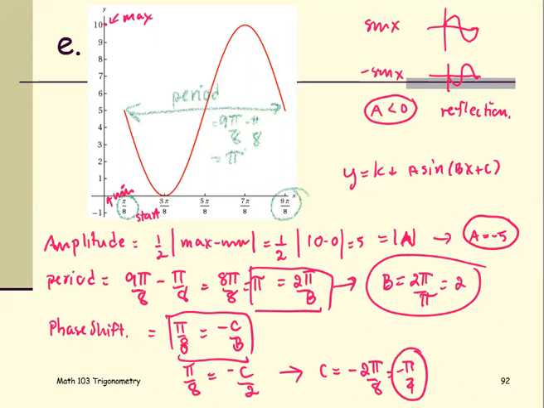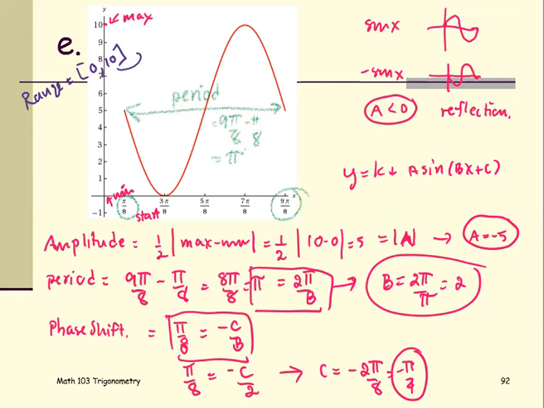Next one is the vertical shift. From the range, I'm going to use different colors, to try to fit everything on one page here. So the range of this graph is from the minimum point, which is 0, to the maximum value, which is 10.